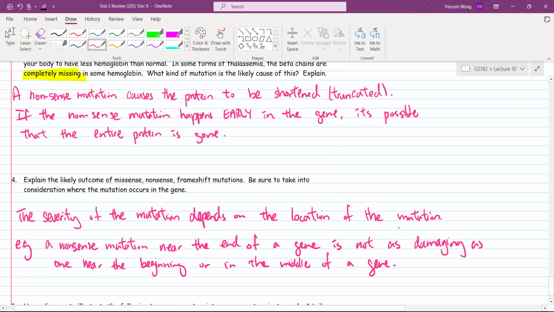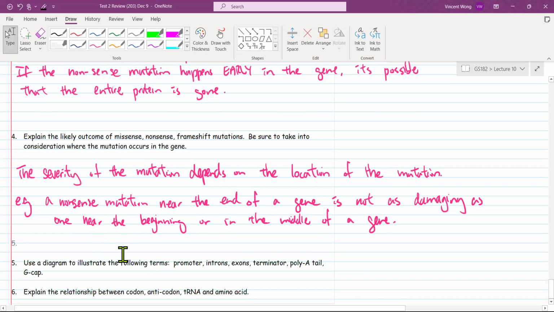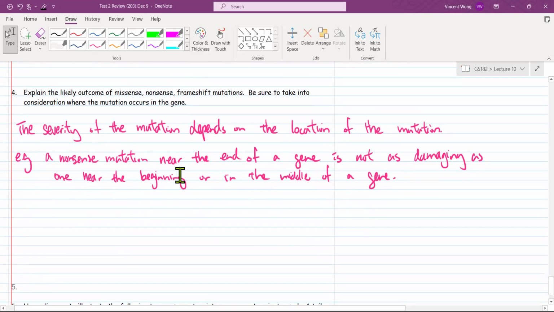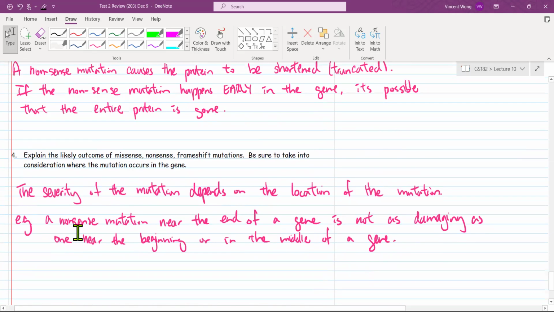If the nonsense is happening at the end, then you lose a few amino acids, and that might be okay. I'm not saying it's going to have no effects, but it's certainly not as bad as happening at the beginning, where you end up losing the whole protein, or in the middle, where you lose half the protein. So happening at the end, it's not too bad.